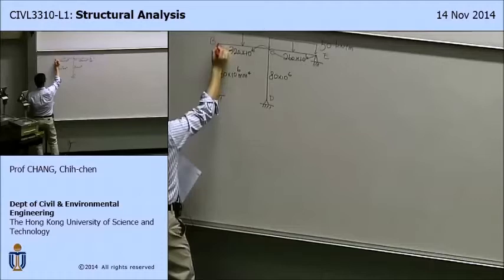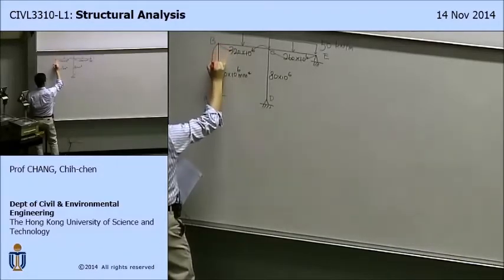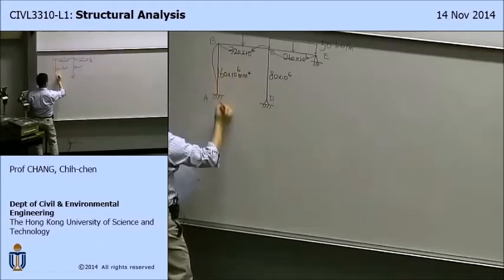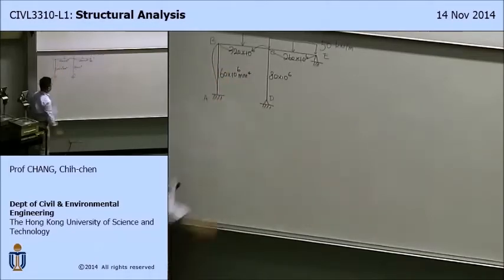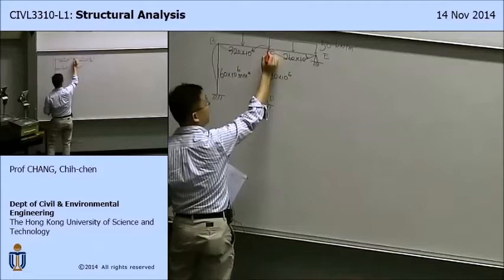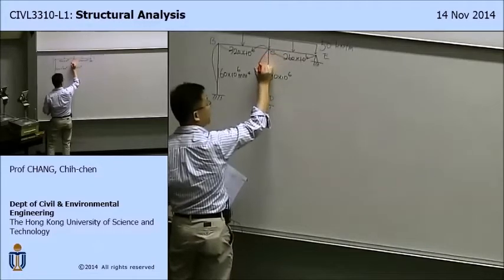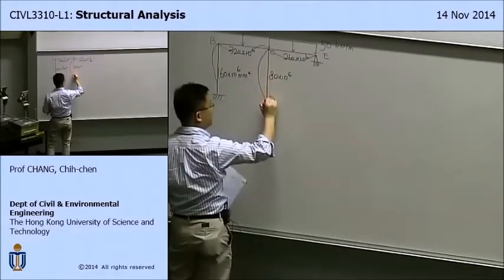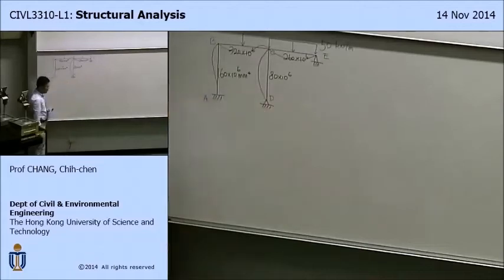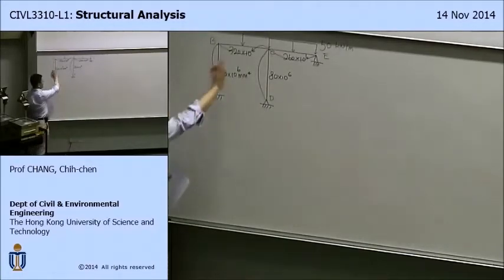So that means this component is going to be deflected like this, clamped end, and here, 90 degrees. This is a hinge end. There's no obligation that the slope has to go to 0. So this is a possible deformation shape.